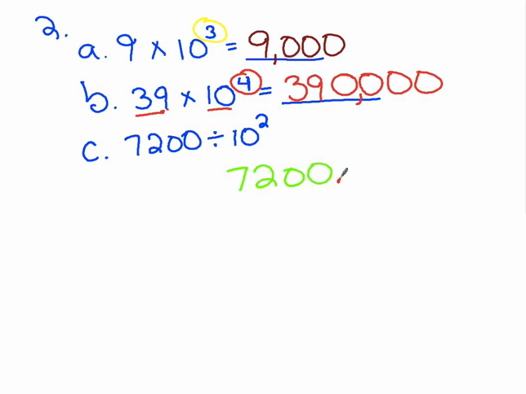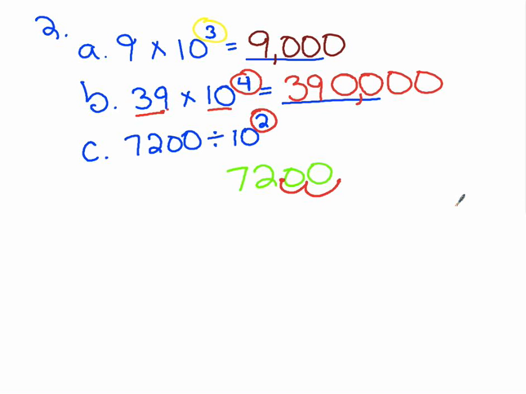How many numbers to the left will I be moving that decimal, do you think? Show me with your fingers. Okay, everybody's saying 2 because this is to the second power, right? So I'm going to take this decimal and I'm going to go through the first number and through the second number. Look at my problem.